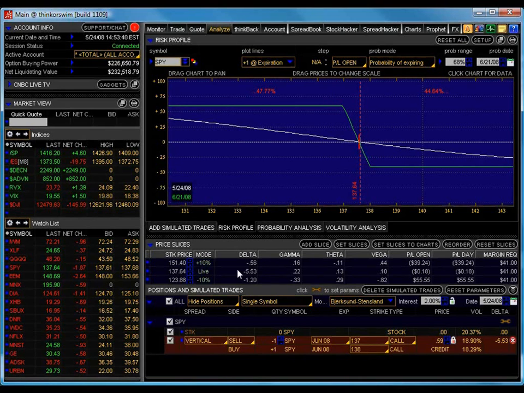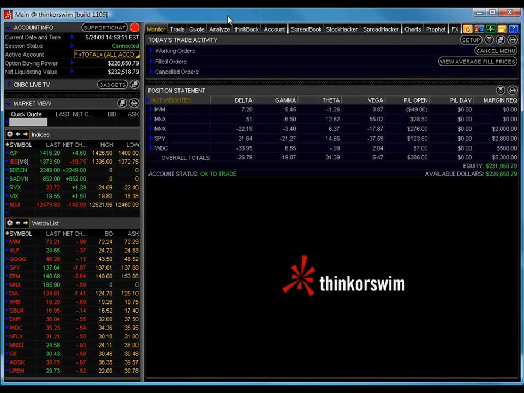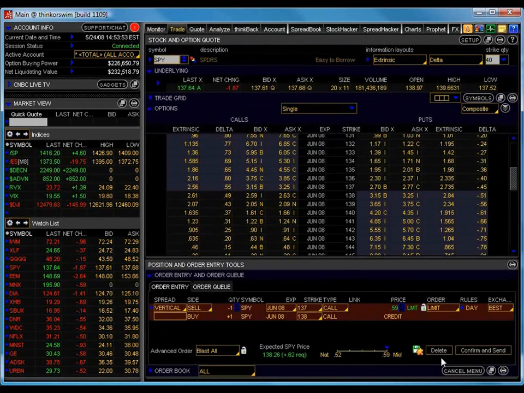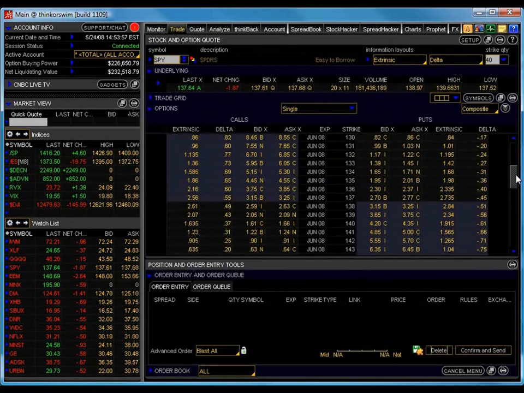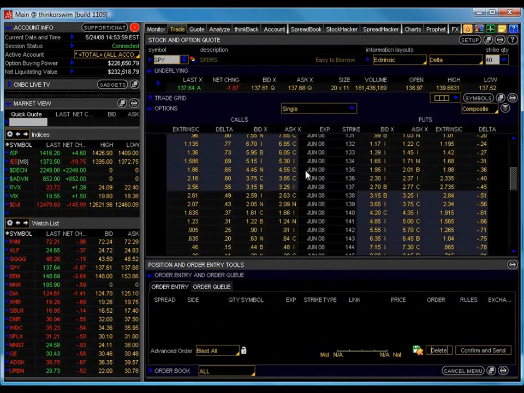And that's exactly what we have. We have a negative delta and a positive theta. Okay, so that's why primarily we tend to sell options rather than buy them. And we sell them for more than we buy them for. That's like what every good business does.